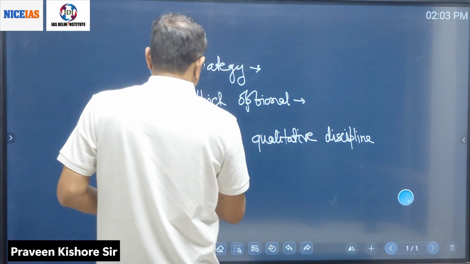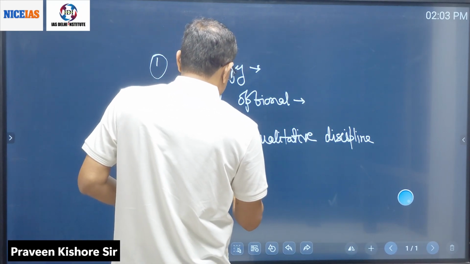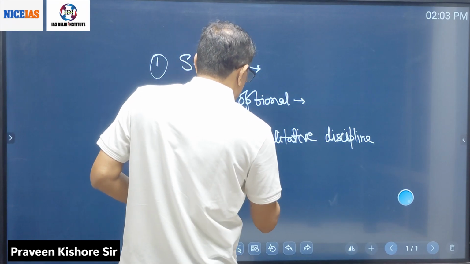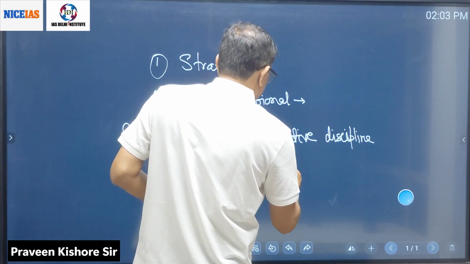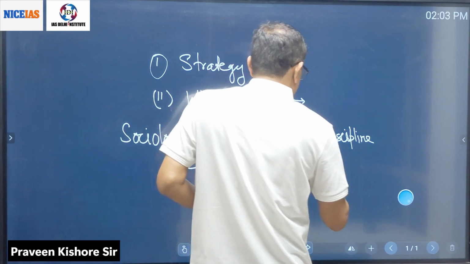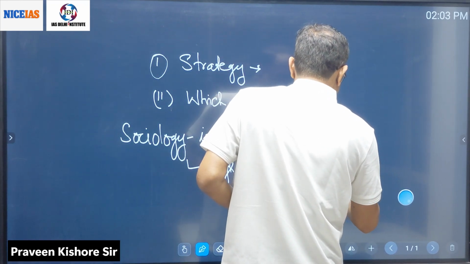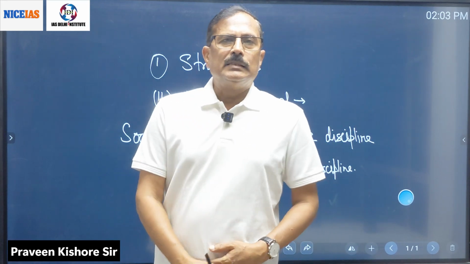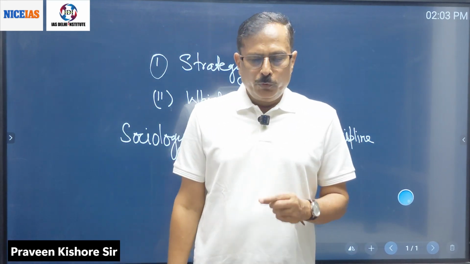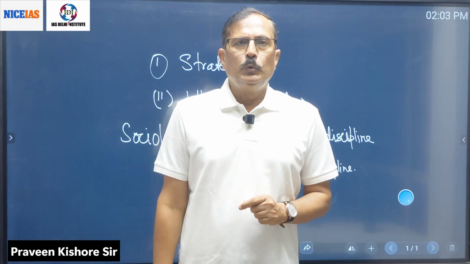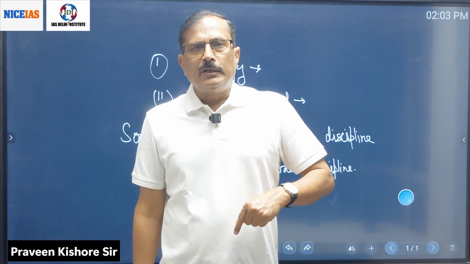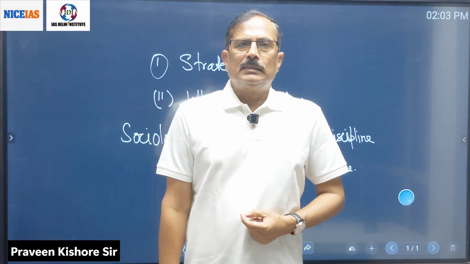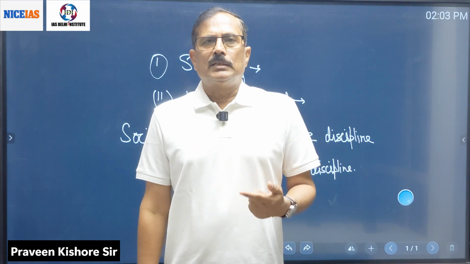Sociology is also said to be a highly abstract discipline. And whenever a discipline is highly abstract, you don't try to memorize it, you try to understand it.